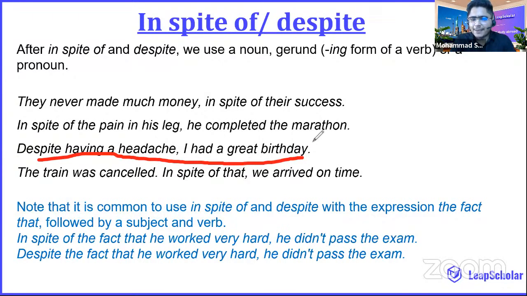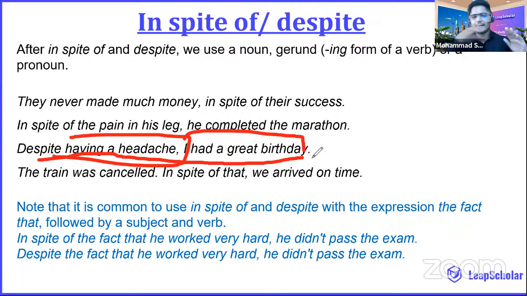I'm sure no one will want to have a headache during his or her birthday. So despite having a headache, these two sentences are contrasting sentences. I had a headache, I had a great birthday. So I'm joining these two contrasting sentences. Despite having a headache, I had a great birthday.